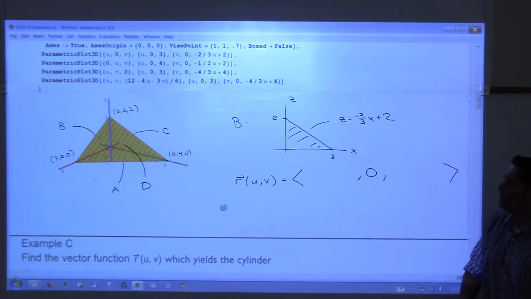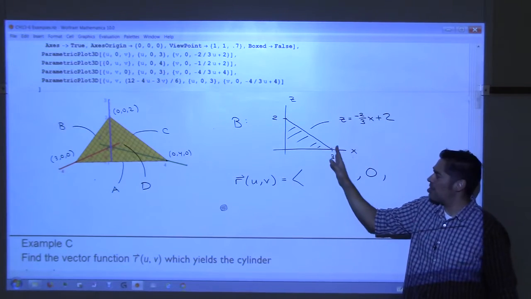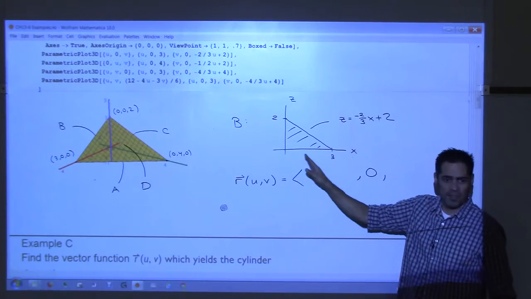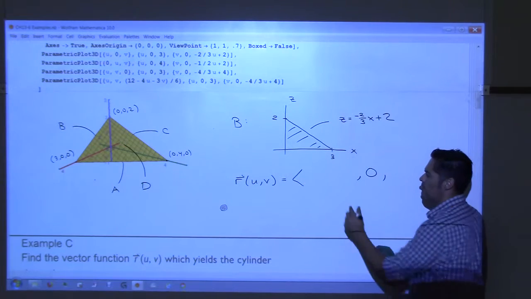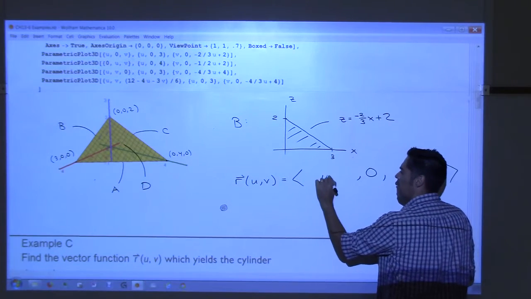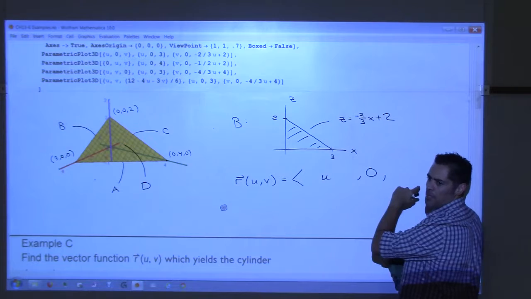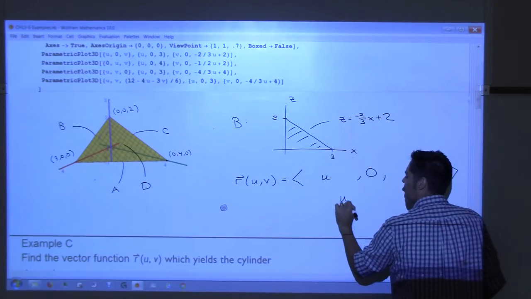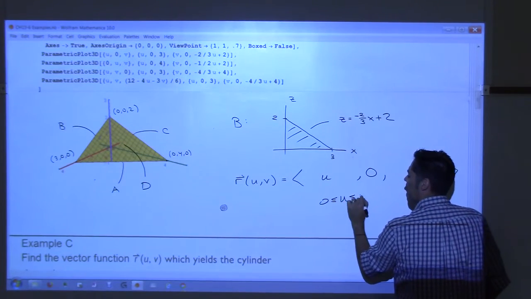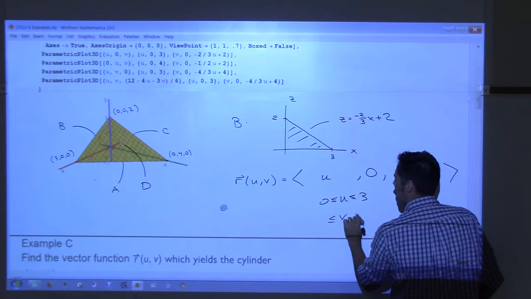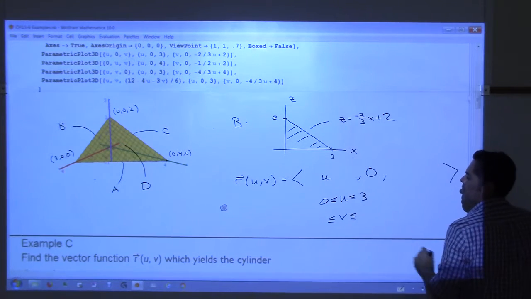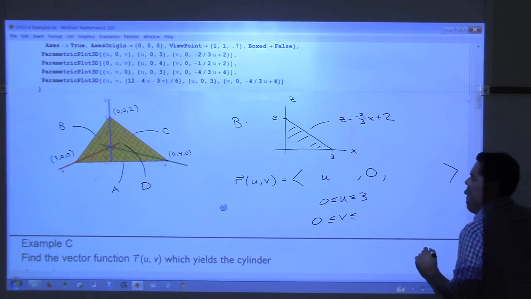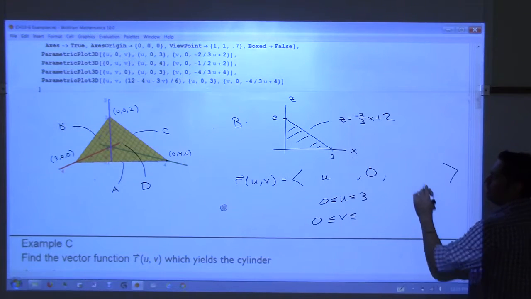And then you're going to control, let's do almost like a type 1 again. Let's control this one between 0 and 3. So let that one be u. You could let it be v, but then the other one be u, so it's really up to you. 0 to 3. And then v would be between 0 and, I never put what v is.